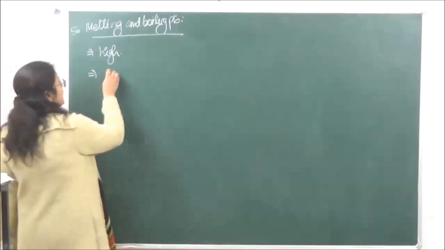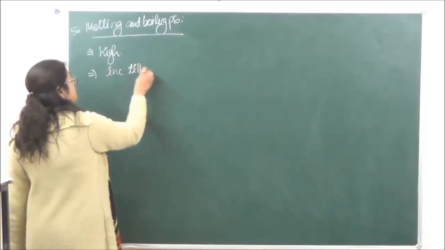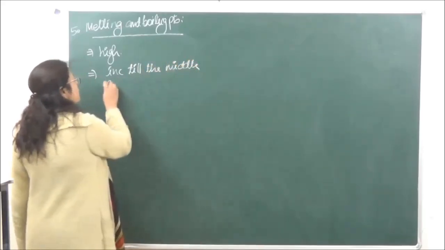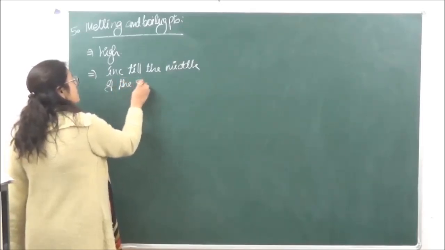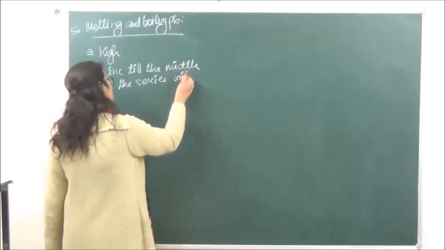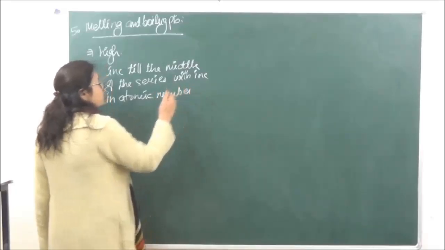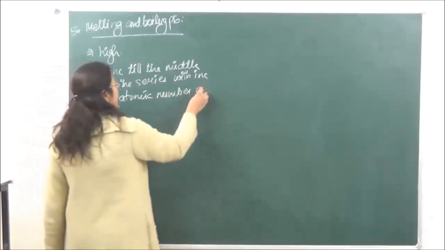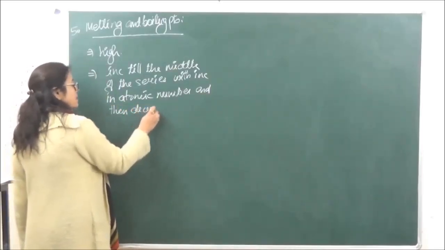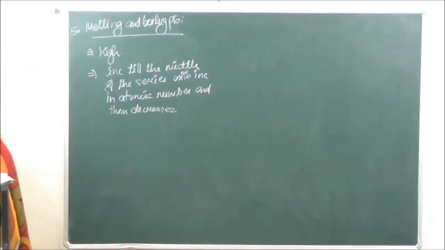So, we are saying that the melting point increases till the middle of the series with increase in atomic number, and then decreases. Okay, now why is this happening?